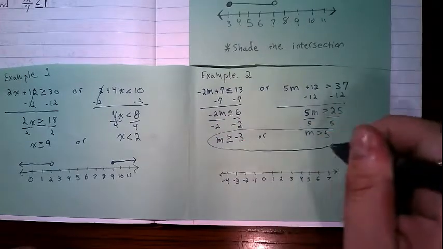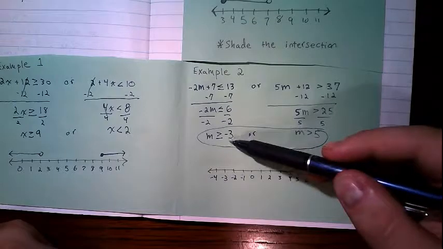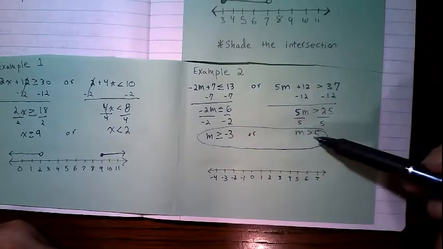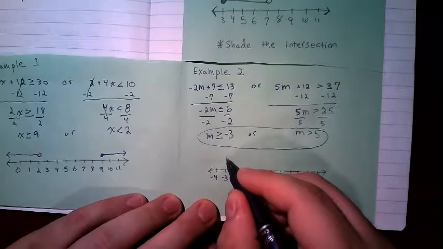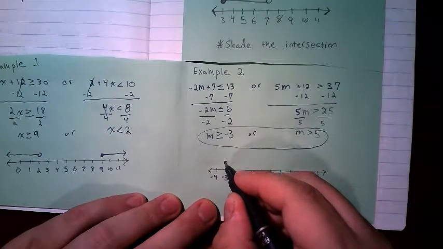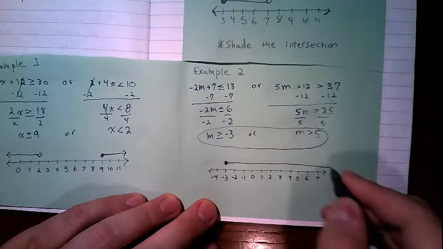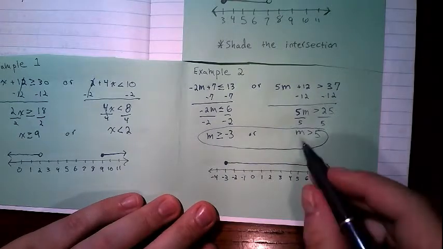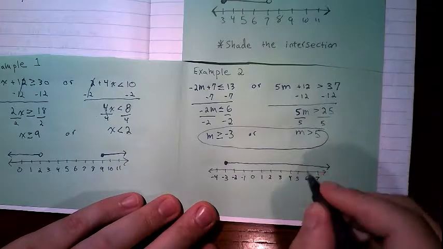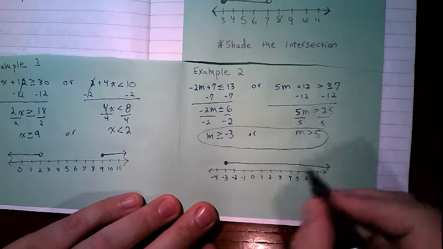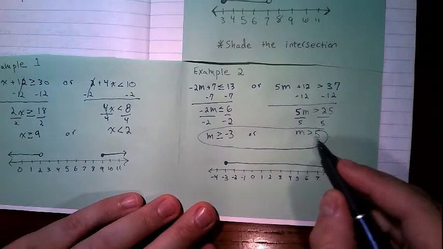So let's take a look at these two right here. So m can be greater than or equal to -3, or it can be greater than 5. Look what happens when I graph those. Greater than or equal to -3 is all of these values here. M is greater than 5, so that's, well, wait a minute. If m can be greater than or equal to -3, of course it can be greater than 5.